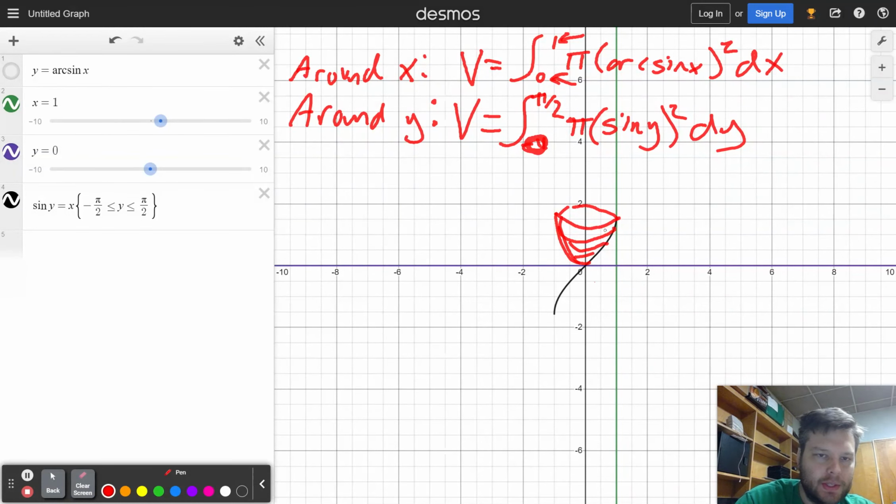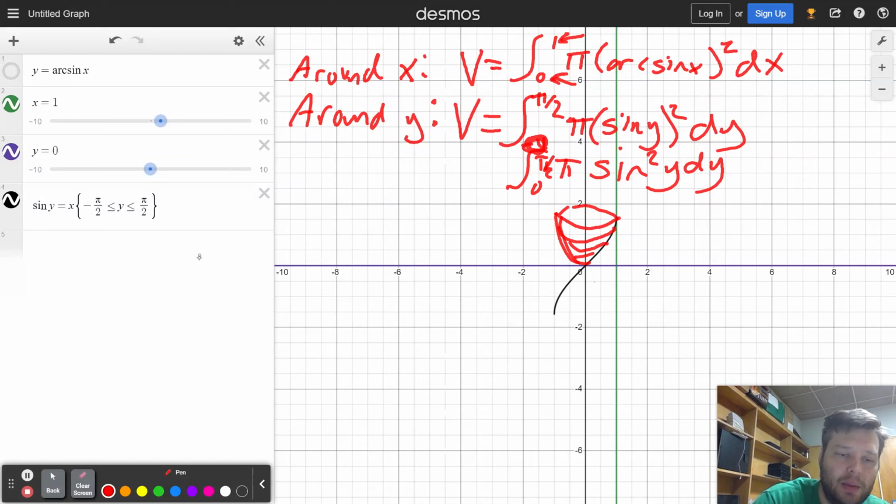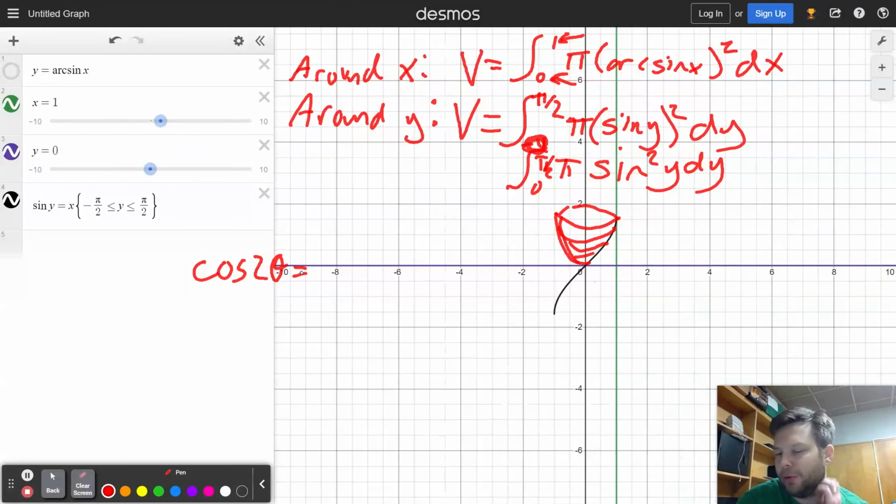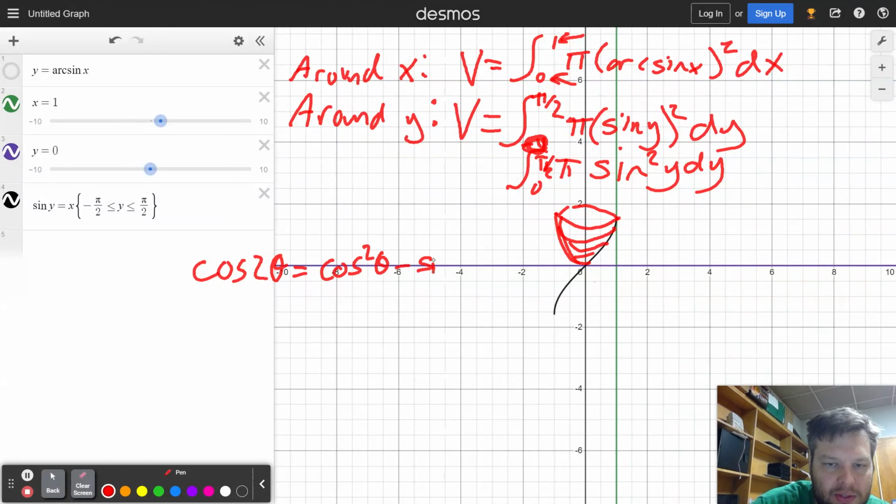Okay, so to do this integral, we have to remember something about sine of y. I'm going to go over on the side, and I remember that cosine of 2 theta, and this is in your formula packet, but it's very useful when you're dealing with trig integrals to keep this in mind, that cosine of 2 theta is equal to cosine squared theta minus sine squared theta.